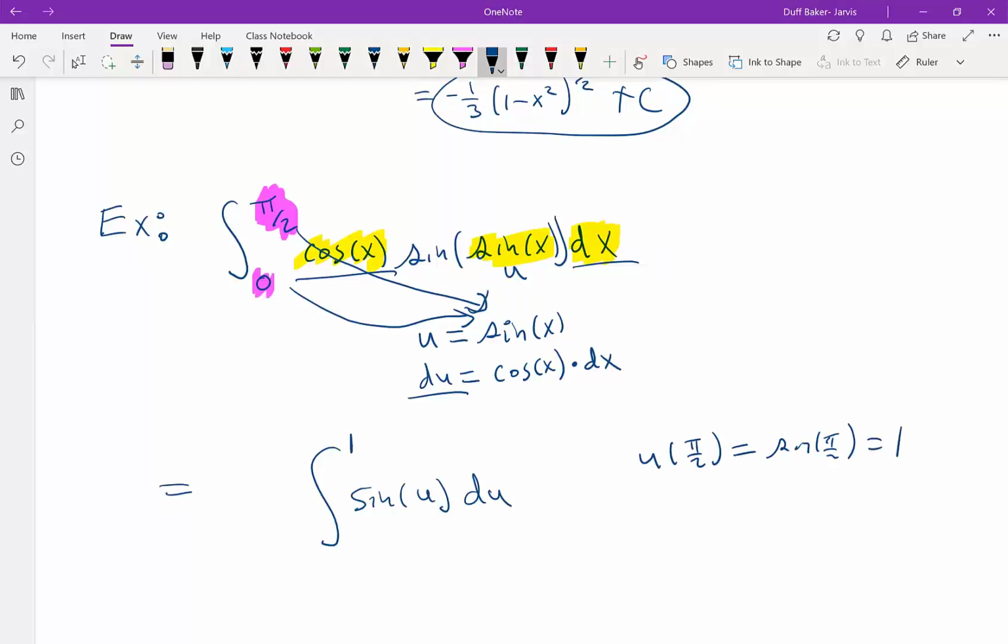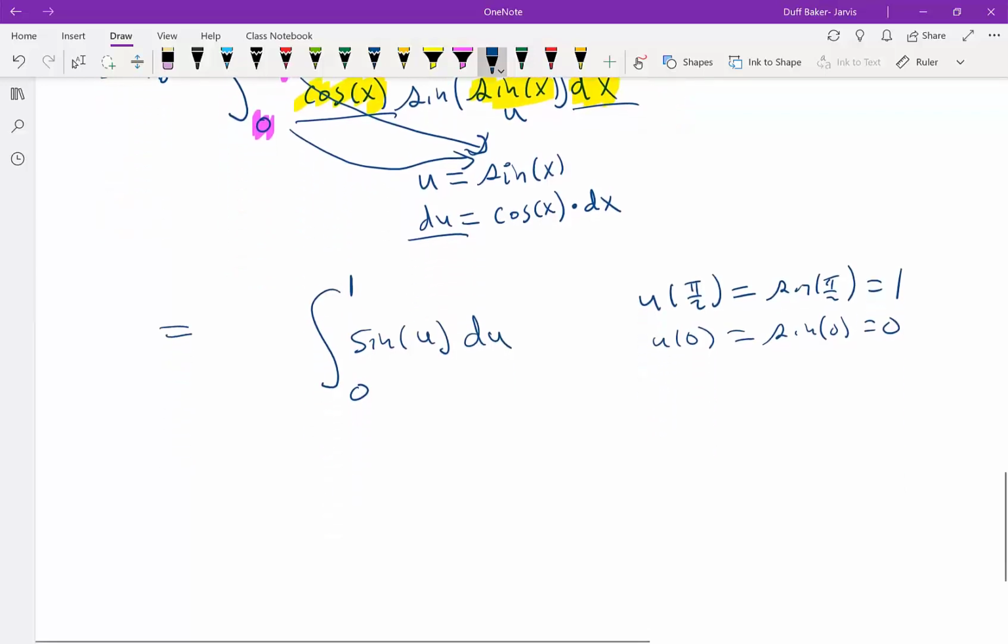So this one just becomes a 1. And then the bottom bound, u of 0, is sine of 0, which is 0. So you'd be left with this new but simpler integral.